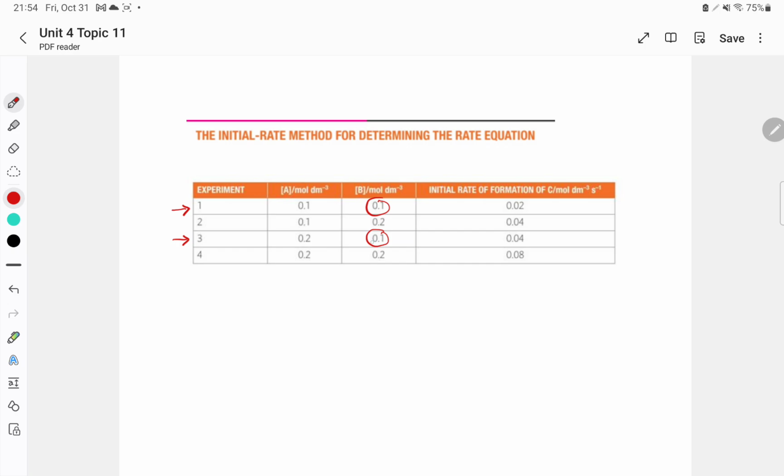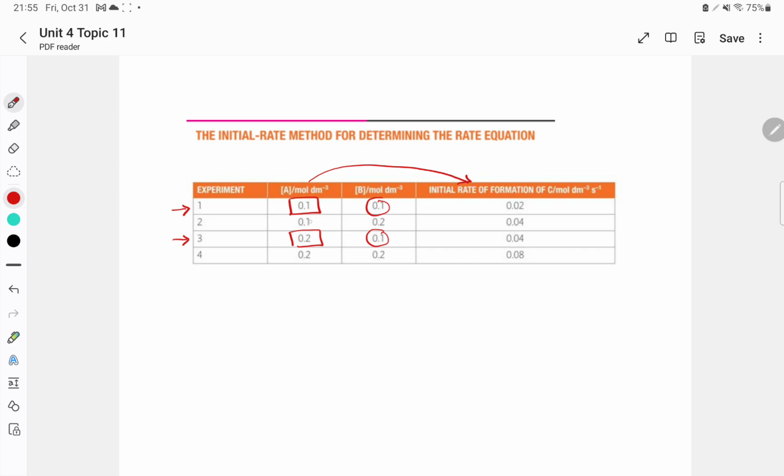So now we're going to look at the concentration of A. Because the B concentration is constant, we can consider what is the relation of A with the rate of reaction.